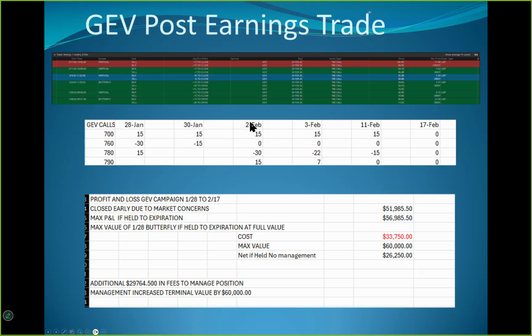And so what I ended up with was 15 at the 700, minus 30 at 780, and 15 long at 790. And then I wanted to get rid of this short, the 15 short. So over 2 different trades, I took those away so that by the time I got to the 17th, I was left with 15 and minus 15.